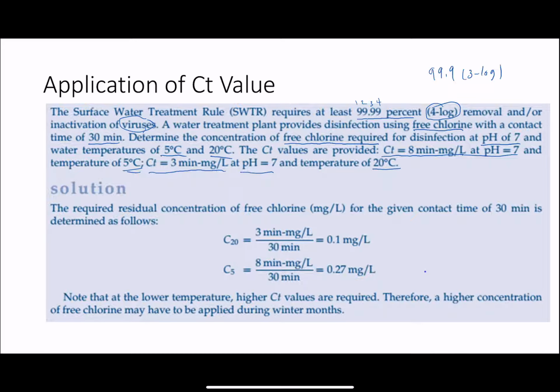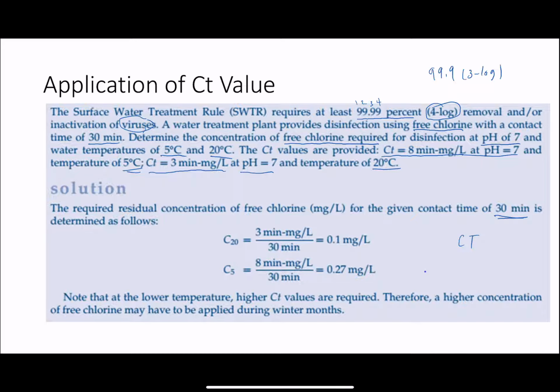Now, the required residual concentration of the free chlorine for the given contact time of 30 minutes is determined as follows. Remember, it was CT for 30 minutes. What was the CT initially?